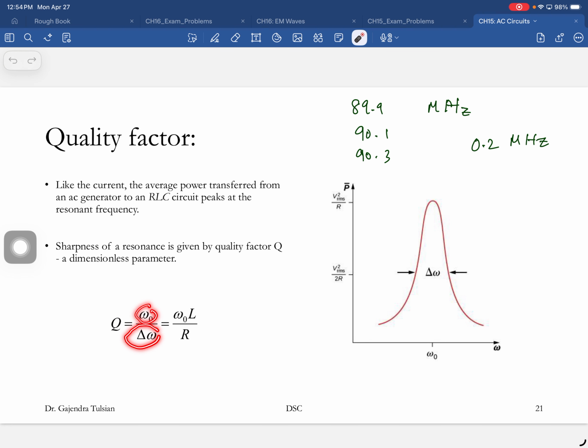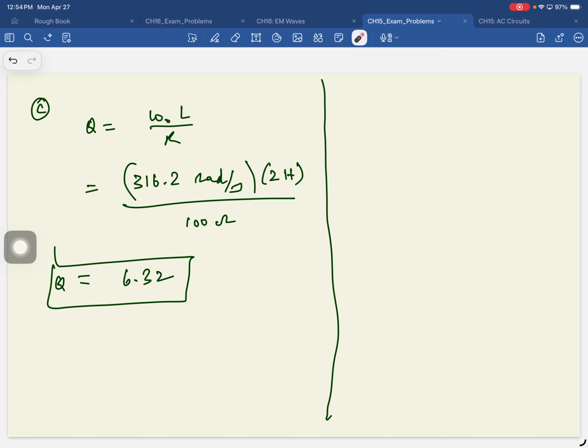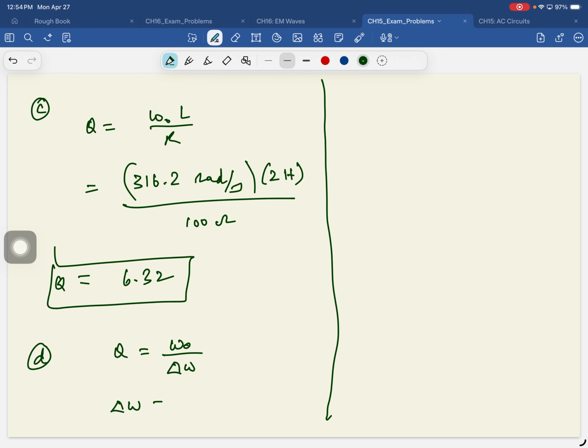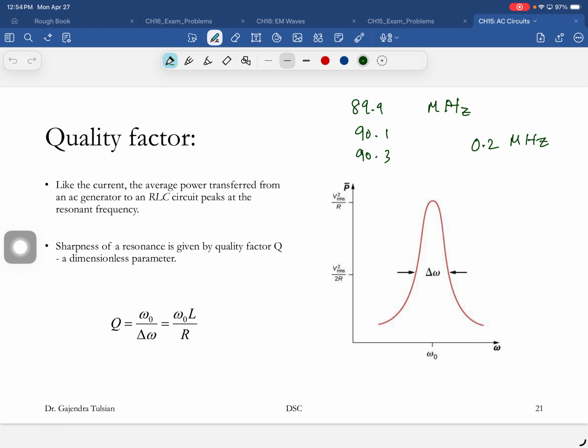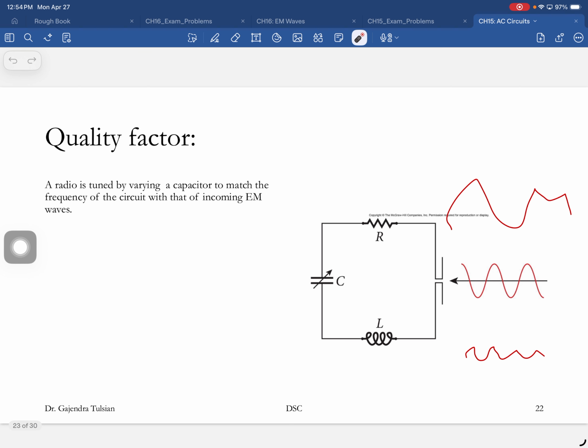The bandwidth is really R over L. So the bandwidth tells you, the resonant frequency was 316 radians per second. How far do you have to go before the power delivered is half its maximum value? The bandwidth tells you that.